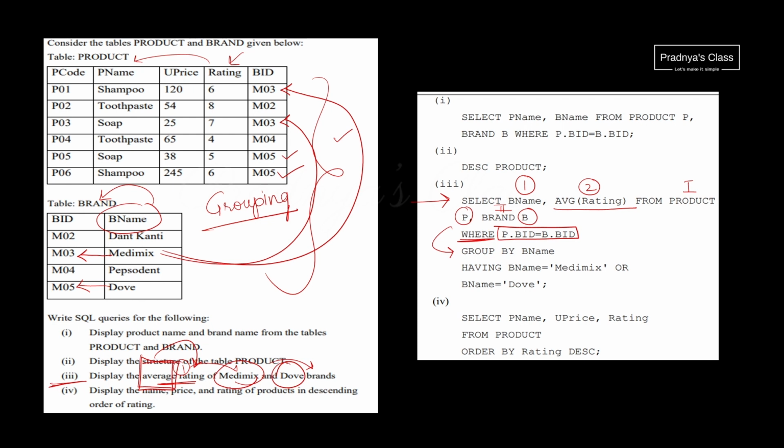We are doing grouping based on brand name. But for a condition on grouping we write the having clause. The brand name should be Medimix or it can be Dove. If we write this query, we will get the required output. First, brand name will get displayed followed by average of rating for that brand. For Medimix there are two ratings and for Dove also there are two ratings.